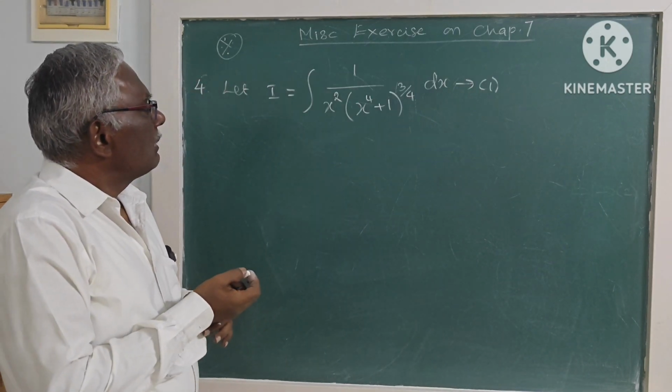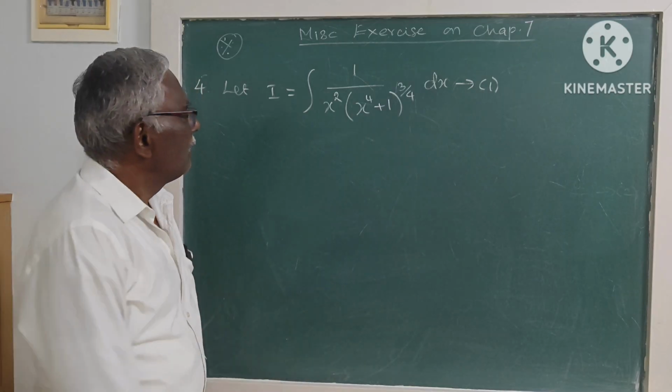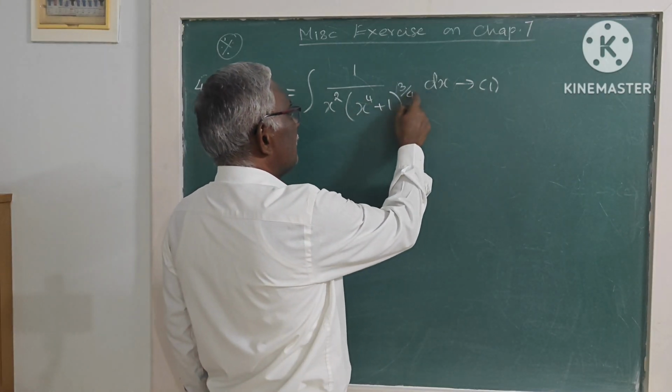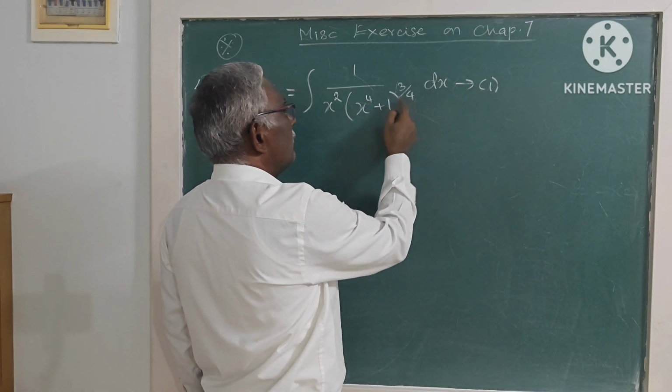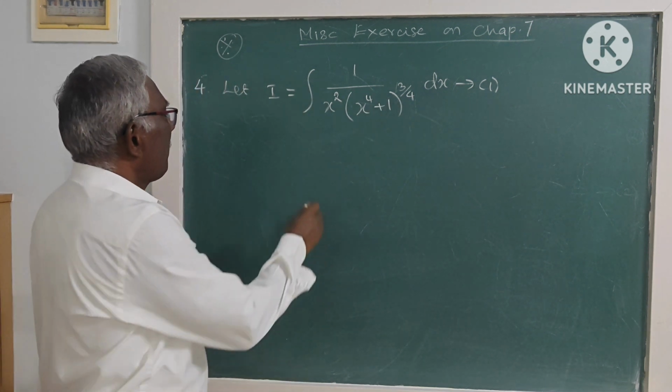So in this integral we have x power 4 plus 1 inside the bracket. x power 4 is there here, and 3 by 4 is there. So you can take x power 4 outside the bracket.